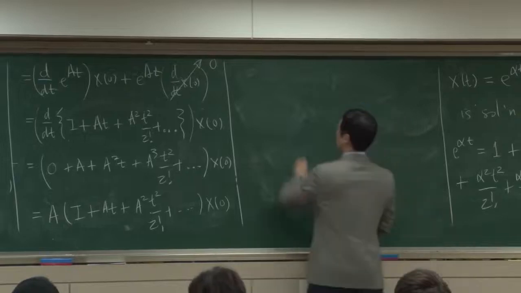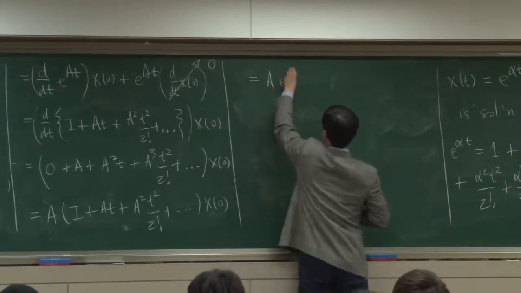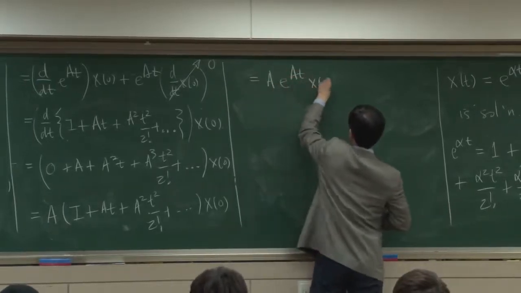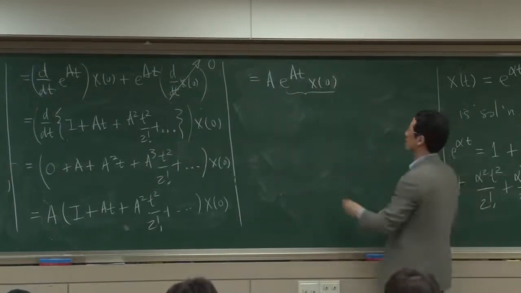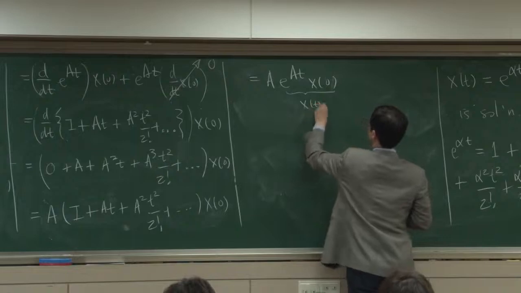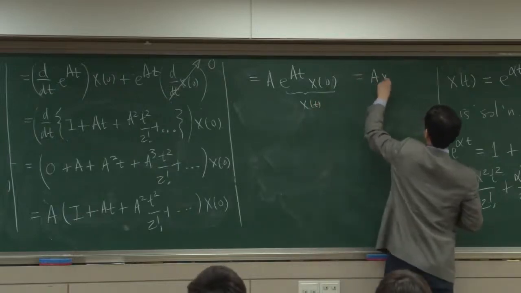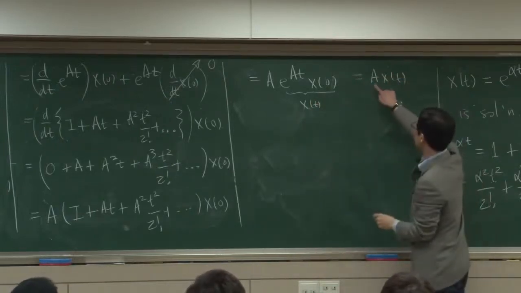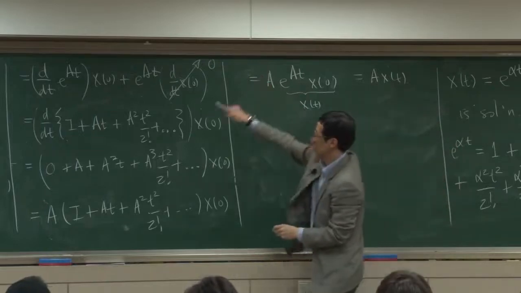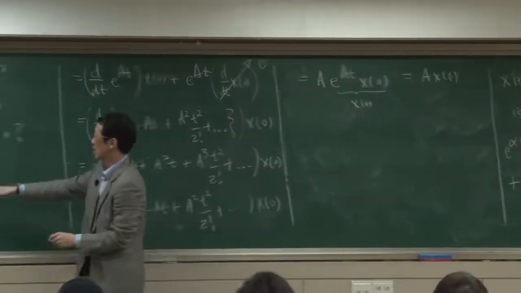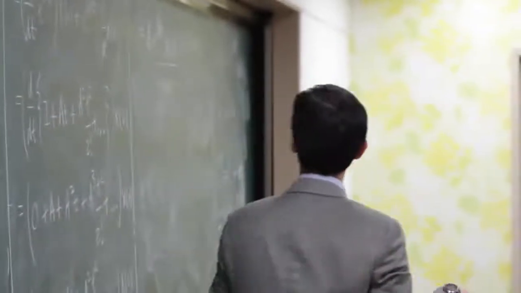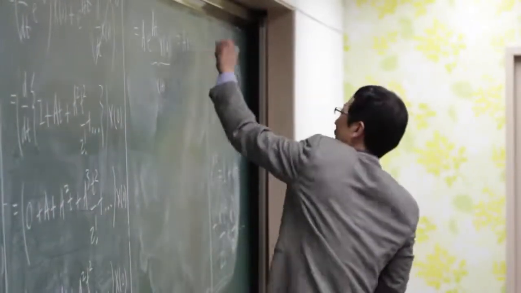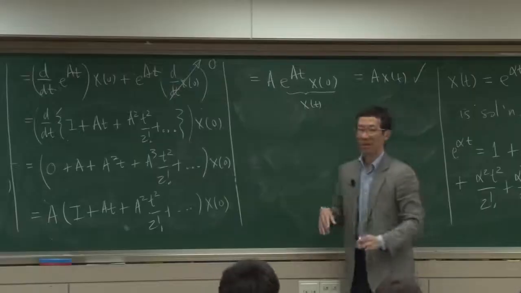So this is a times e to the at x0, but that was my solution, x of t. So this is a times x of t. If we go backwards, a times x of t is equal to x dot. That's the original equation. So yes, this works. It checks, so it is a solution.